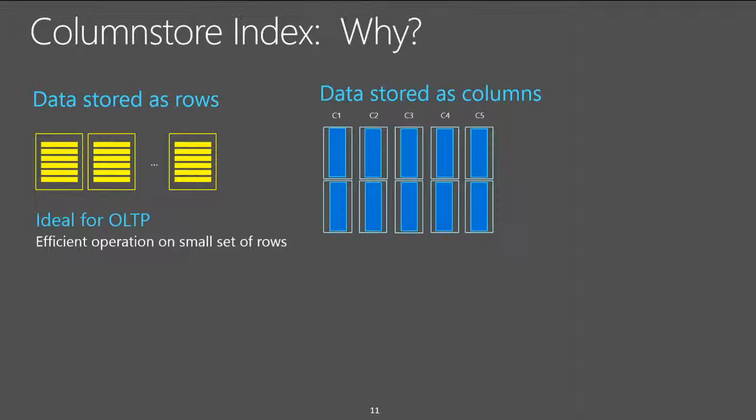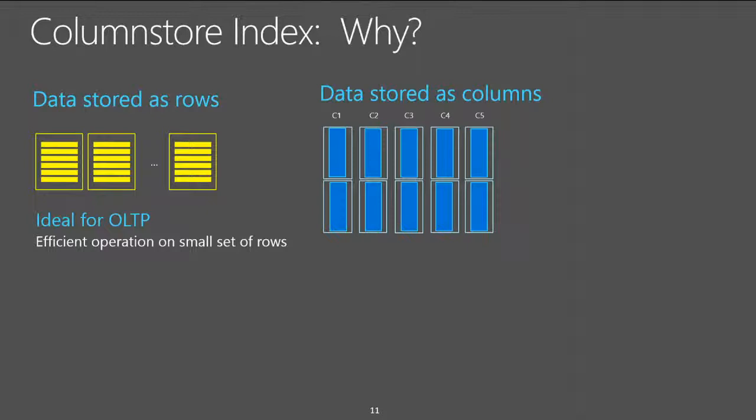So what is column store? This is a one-slide description of column store. It's going to be very useful. What we have in the column store is, instead of storing the data as rows, I store the data as columns. So in this example, you see 5 columns in a table. And what I'm showing you in those blue vertical bars are column C1, for example, column C2.